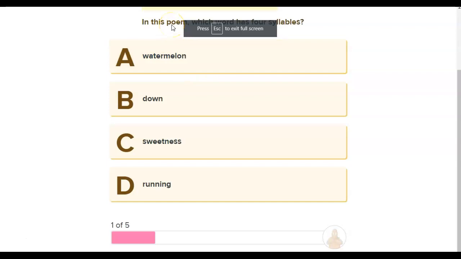In this poem, which word has 4 syllables? Watermelon. Down. Sweetness. Running. Which one has 4 syllables? So syllables you can count when you're saying a word.